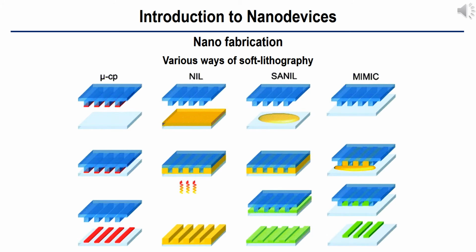Here are some illustrations for you to understand what exactly soft lithography is. For example, let's look at microcontact printing, as shown in the leftmost figures. As implied in the name, microcontact printing uses a polymer mold such as a PDMS mold as a stamp.